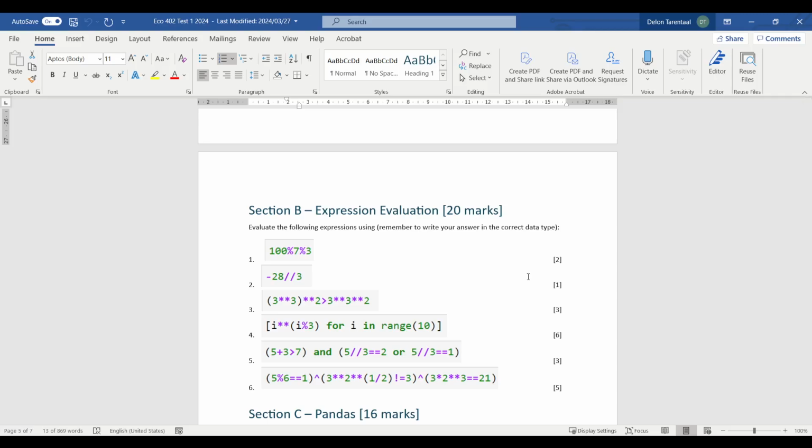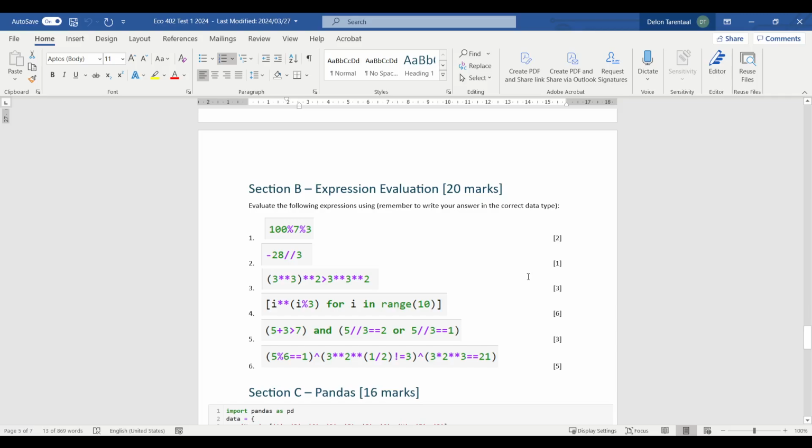I assume everyone's happy with B. What's the answer for B1? Calculator. Yeah, please bring a calculator on Friday. What time is it? 9:35.